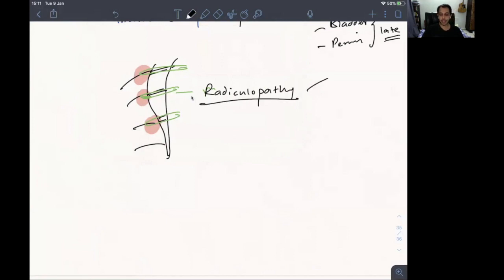And the main feature of radiculopathy is that there is radicular pain and there is usually only one or two root involvement. So it is rare for a radiculopathy to cause complete paraparesis. There will only be one or two roots involved, and gradually it may progress to involve other roots as more and more roots protrude. So there is disc protrusion.